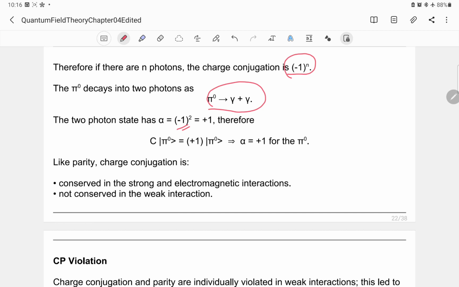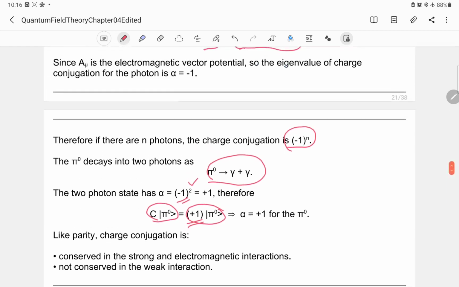And if you apply charge conjugation on the neutral pion, you will get a positive 1 because of this rule.